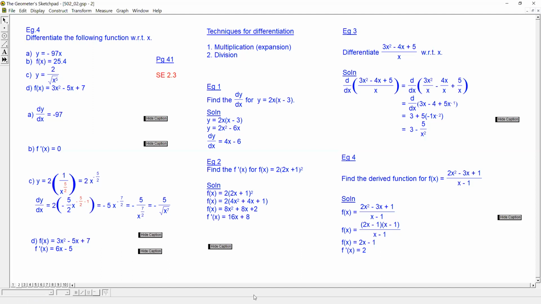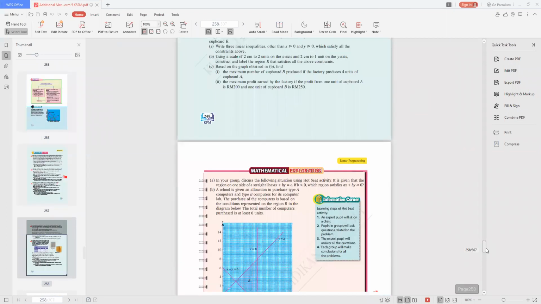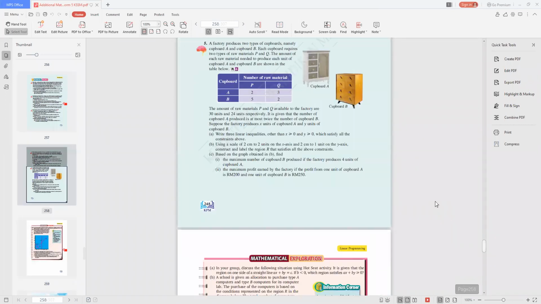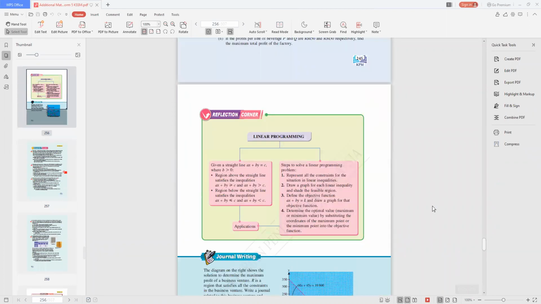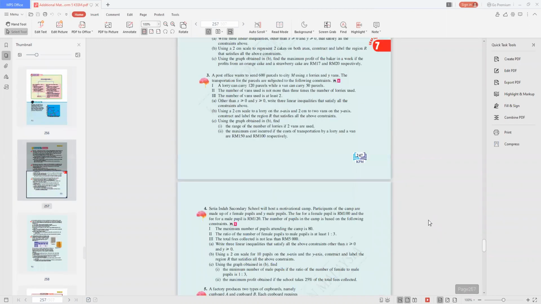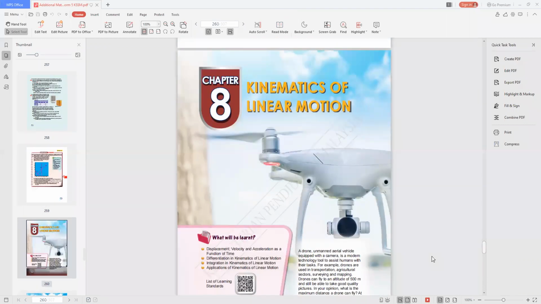Okay, right. So we look at the textbook. So this is what I told you just now. This is the chapter, chapter 8, this down one. Where is it now? Linear programming, not here. Okay, bottom here you can see chapter 8.